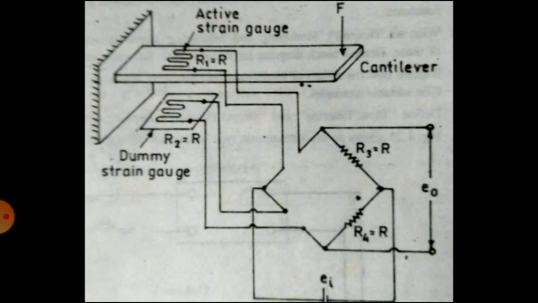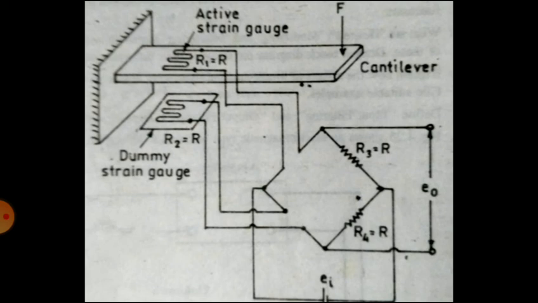This effect can be eliminated by using a dummy gauge in the adjacent arm of the Wheatstone bridge. The active strain gauge is installed on a test specimen, that is the cantilever, while the dummy gauge is installed on a like piece of material and is not subjected to any strain.